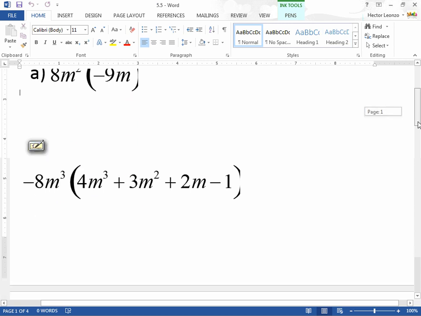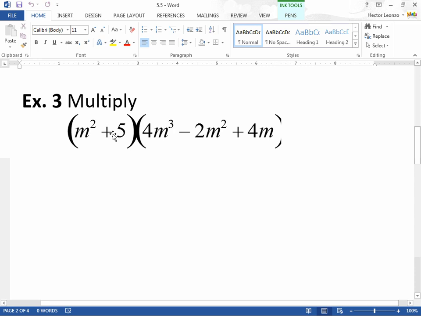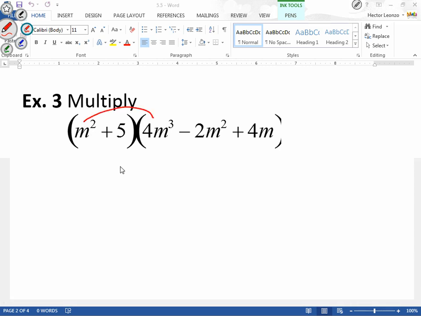So think of the distributive property. Now, we might have two terms on the outside. So what we're going to do first, we're going to distribute the m squared, that first term, to the second parentheses. Coefficients-wise, technically there's a 1 in front of these. So 1 times 4, I have 4.